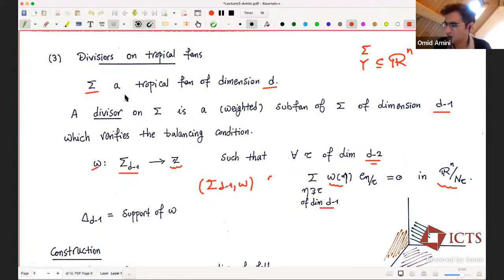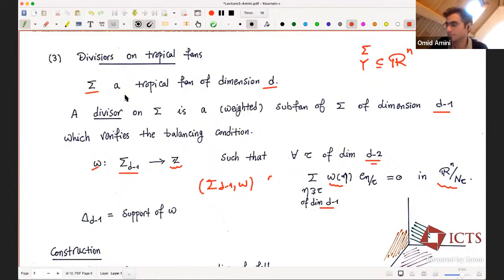Is that right? Exactly. I mean, you will see that there might be some connection. I'm going to tell you, but as I said, the original sigma, the sigma that you start with, we suppose that its weight is 1 for simplification. Otherwise, you have to consider also that weight. It doesn't show up in the definition of divisor, but for the construction that I'm just going to explain, you have to modify this construction a little bit.